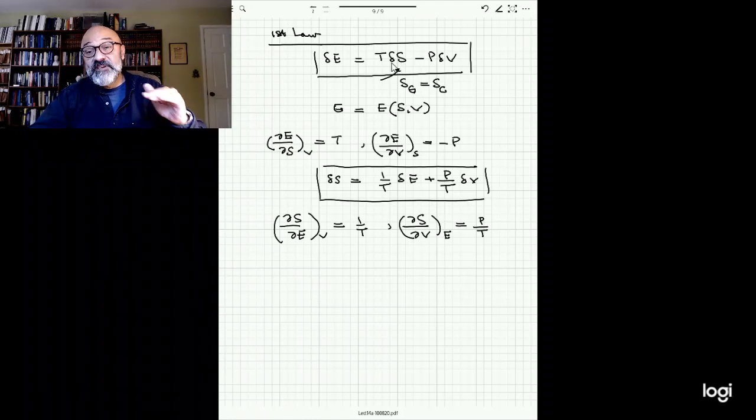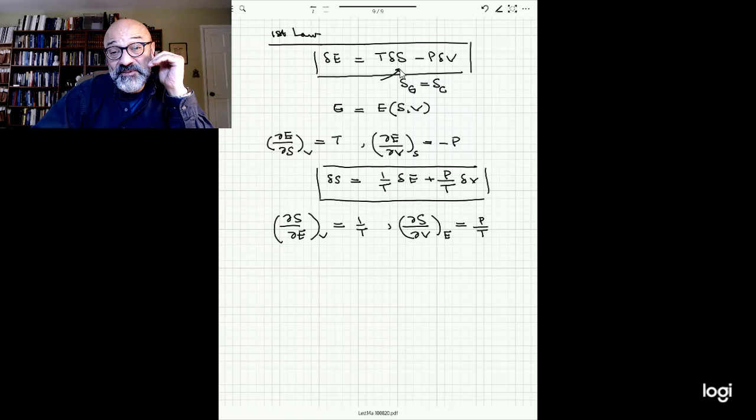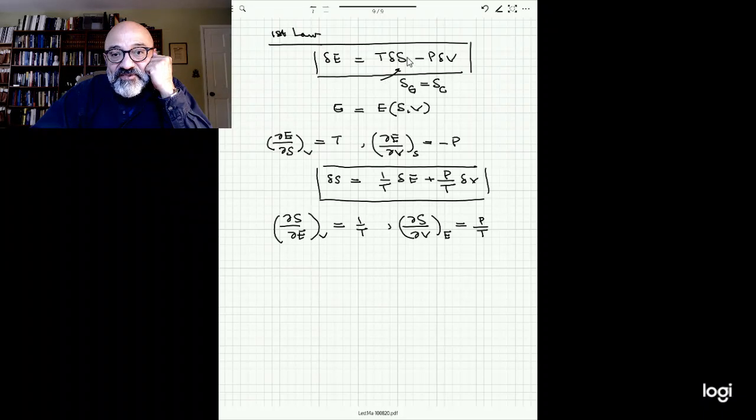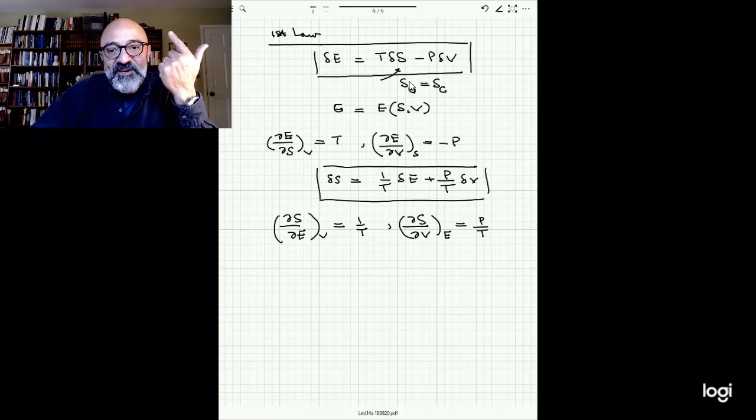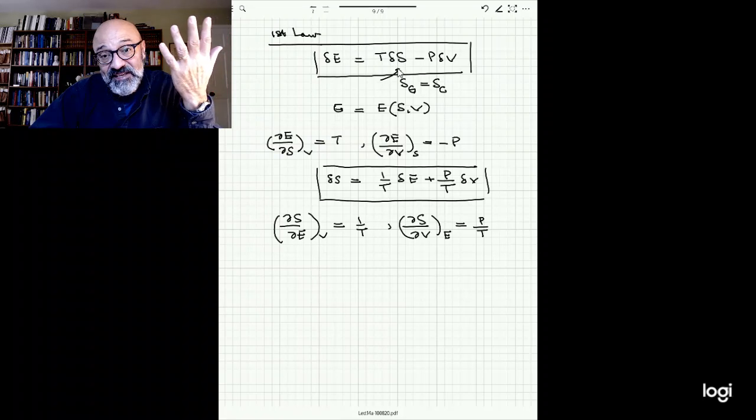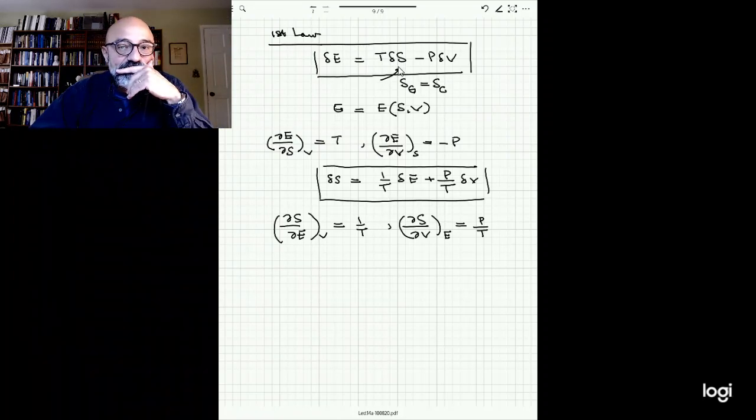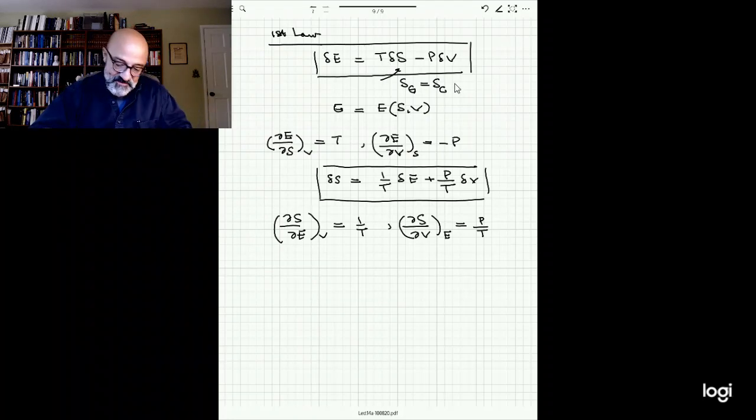And why is that? It's because entropy is not that easy to control, right? So under those circumstances, the change in energy at constant entropy, no heat, is just work. Very good. Most processes, however, can be done either at constant entropy, adiabatic walls, or at constant temperature.